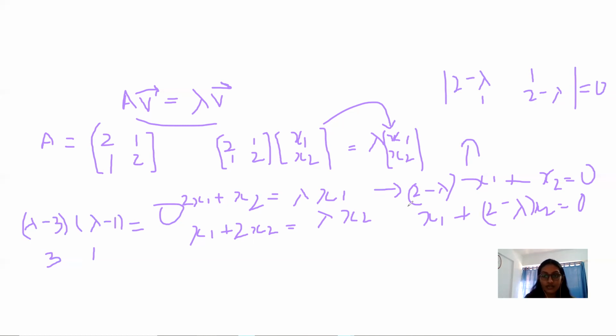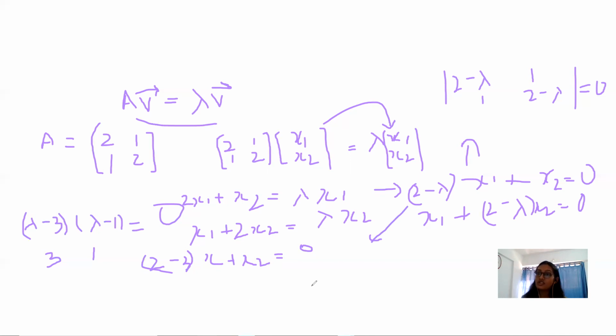If we take this equation and add 2 minus 3, we get minus x1 plus x2 equals 0. So x1 equals x2, because here I'm getting a minus sign. There are an infinite number of values of x1 which satisfy this equation, where x1 is equal to x2.